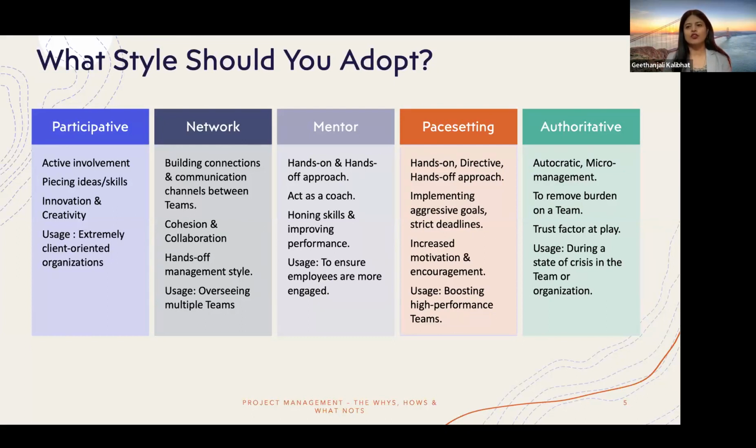You invite a couple of your clients and ask them to have a look and feel of the product that you intend to market out. So they will be your best judges. That's what I mean by extremely client-oriented organizations. They tend to benefit quite a lot when it comes to the participative style of management.